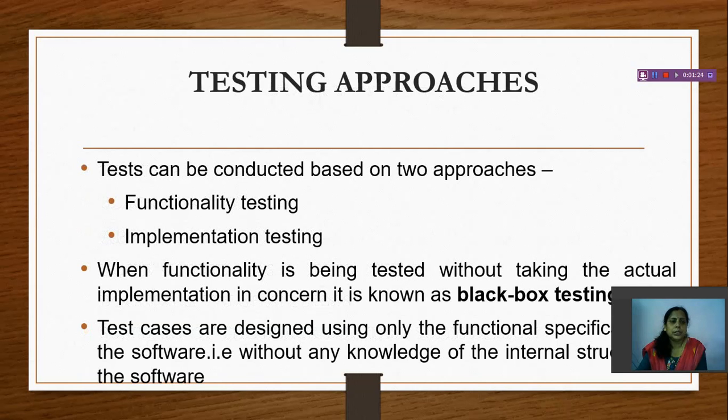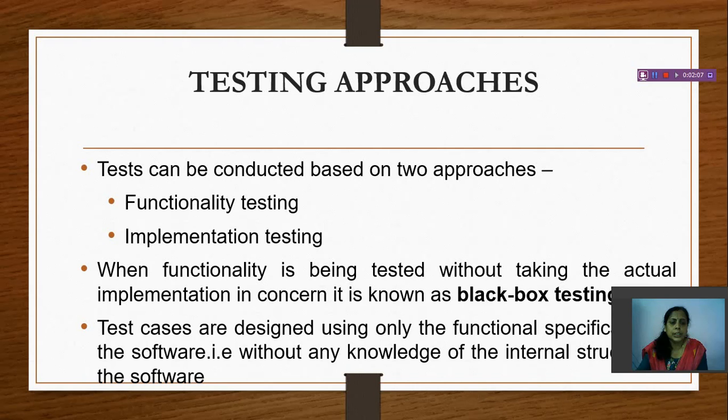Testing approaches. Tests can be conducted based on two approaches. The first one is functionality testing and the second one is implementation testing. When functionality is being tested without taking the actual implementation into concern, it is known as black box testing. Means when only the functionality is tested and the internal structure, the internal program, is not tested, it only tests the functionality, means what will be the input and what should be the output as specified in the SRS document.